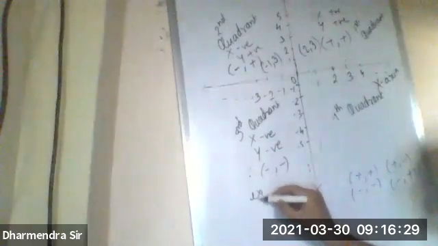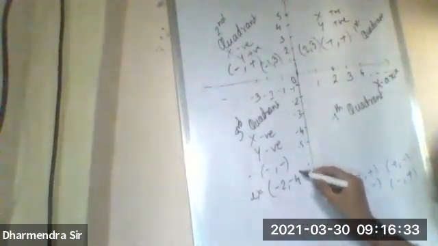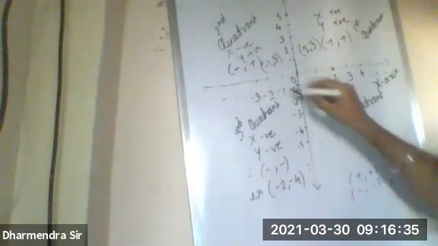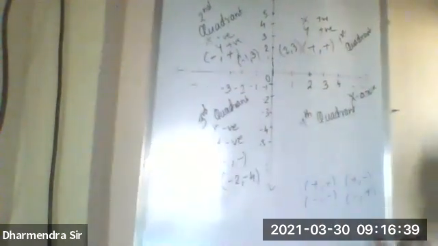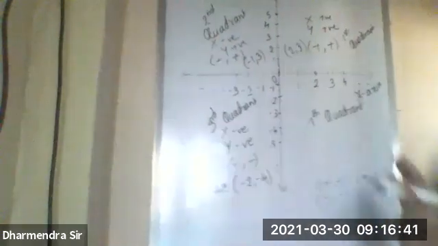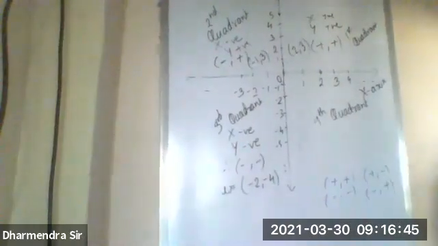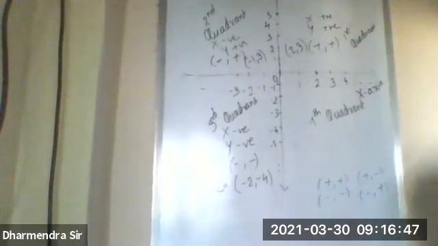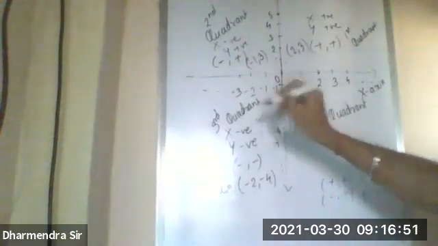Example, minus 2 comma minus 4. So this is minus 2 and minus 4 is here. We will plot these points later, but we are understanding where the point is going to lie. If both the coordinates have a negative sign, then it will lie in the third quadrant.